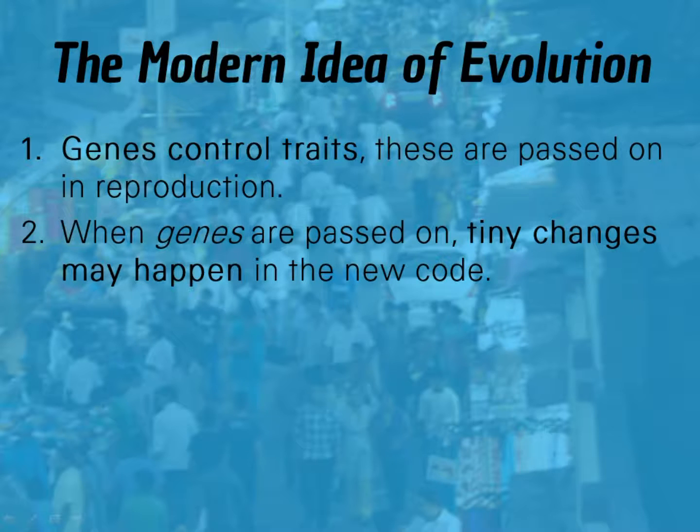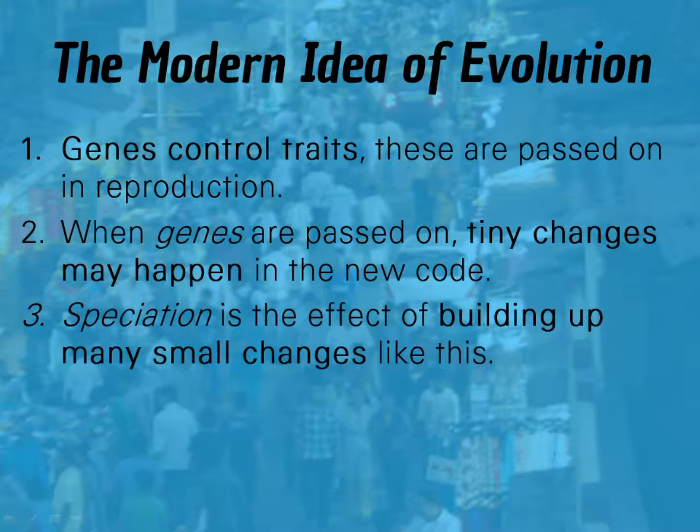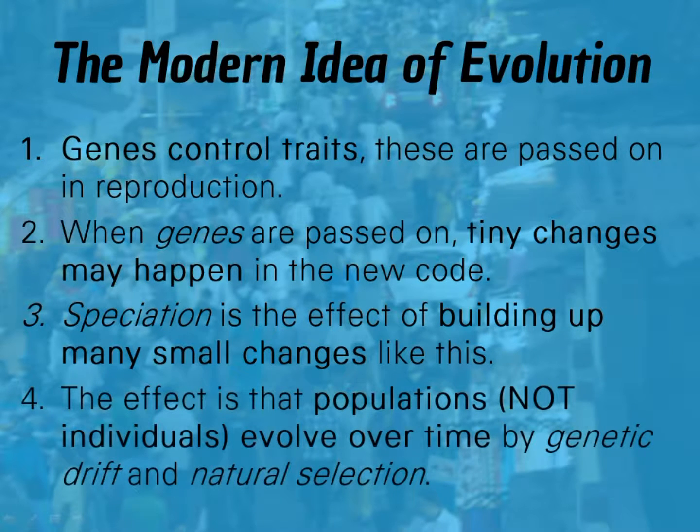So when genes are passed on, tiny changes may happen in the new code, and we now know these as mutations. And then speciation, the word we saw before, is the effect of the building up of many, many small changes like this, to a point where we can now no longer say that two organisms are of the same species.